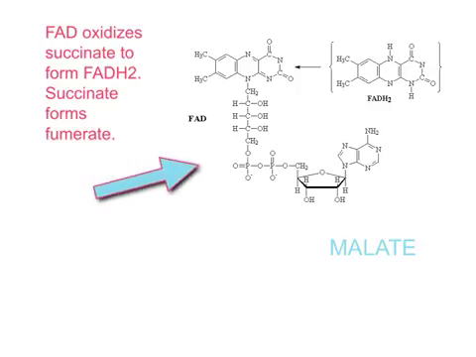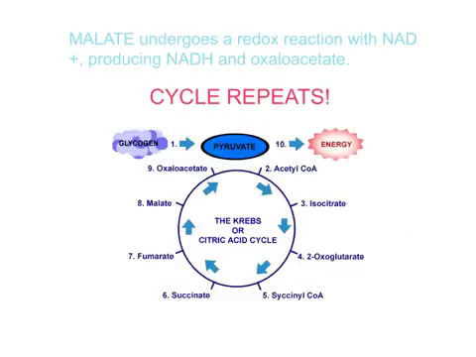Succinate forms fumarate. Water is added to form malate. Malate undergoes a redox reaction with NAD+, producing NADH and oxaloacetate. The cycle repeats. Krebs cycle is done.